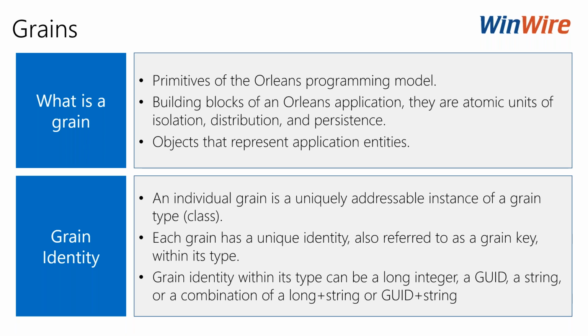Customer becomes a grain, and when you instantiate it from your front end, you say, give me an instance of a customer grain. To do that, you have to provide the identity of that grain, right? Say for example, customer ID 1. So I'll say, Orleans, give me a customer grain of identity 1. It instantiates that grain and returns an instance back.